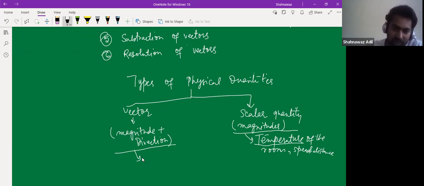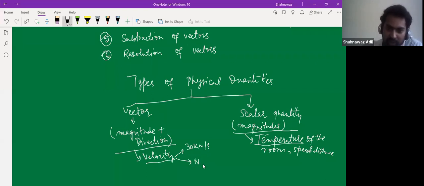In the case of a vector, you also need a direction to represent that quantity. One example is velocity. To represent a velocity, you have to say that the body is traveling with a velocity of 30 kilometers per second, let's say, and lastly, you also have to tell the direction: north, west, or south, etc. So to represent the velocity of a body, you need magnitude and direction.